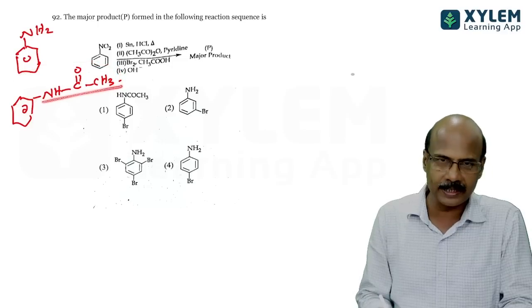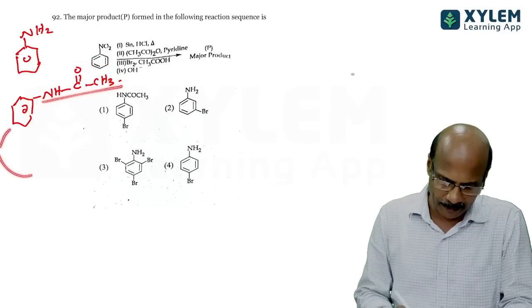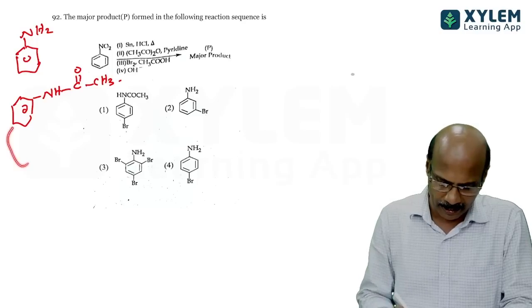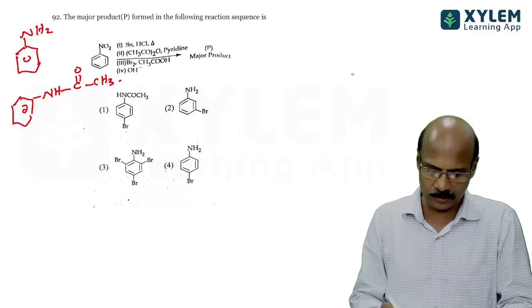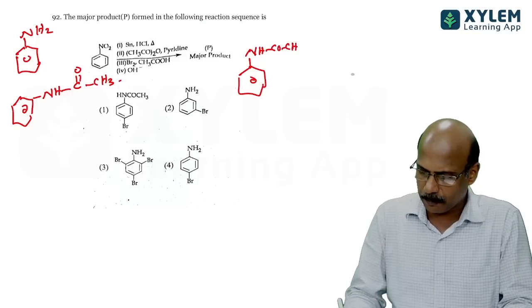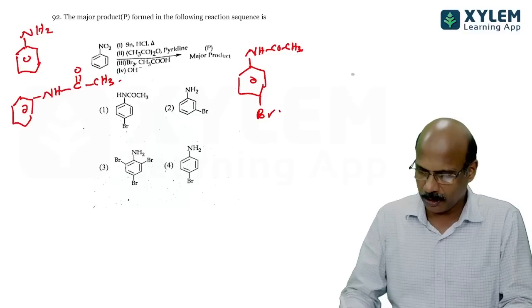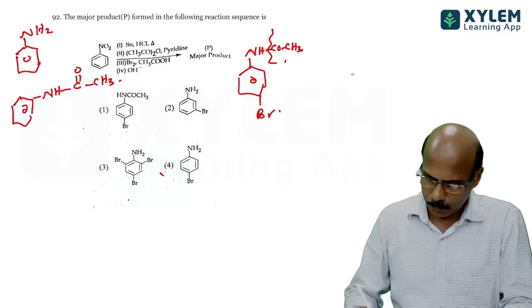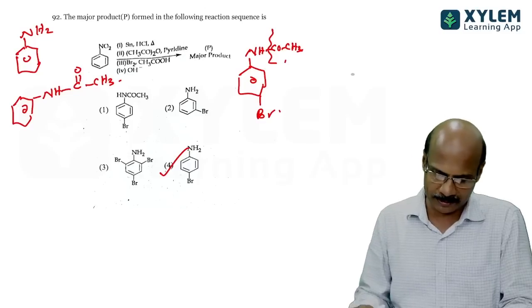So this will direct the incoming group to the para position. So bromine will attack the para position of NHCOCH3. So you will get NHCOCH3 over here and the para position of it is occupied with bromine. On hydrolysis, you will get the NH2 group back. So para-bromoaniline will be the product.